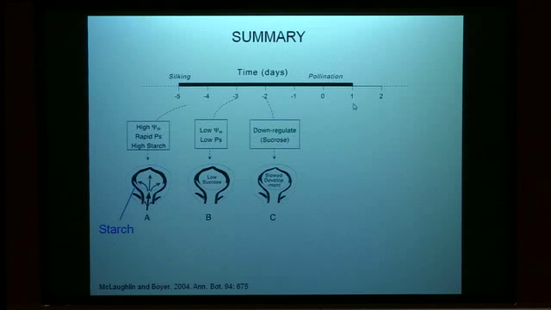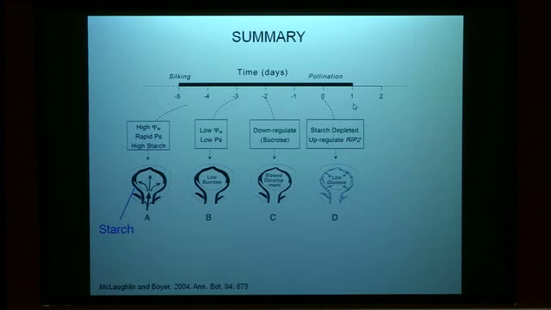Some of these are sucrose responsive, some of them are not. But what happens because the parent plant is not providing sucrose to the developing floret is that the floret now is relying on its own starch, and that starch is supplying glucose for a while, but after a while becomes depleted.